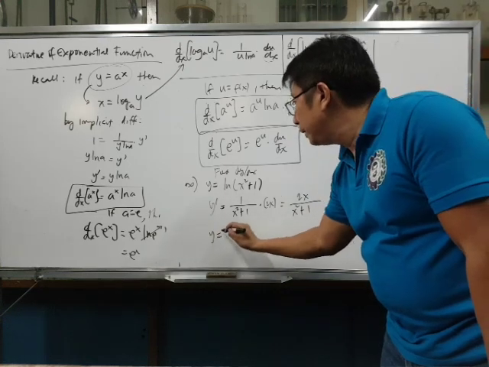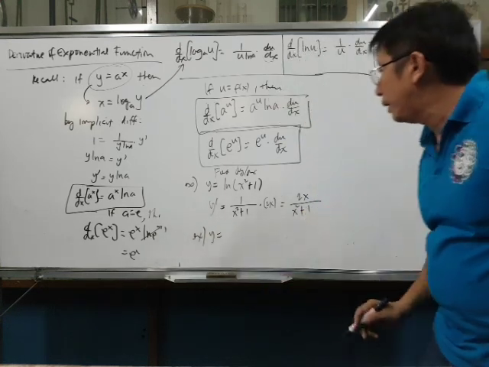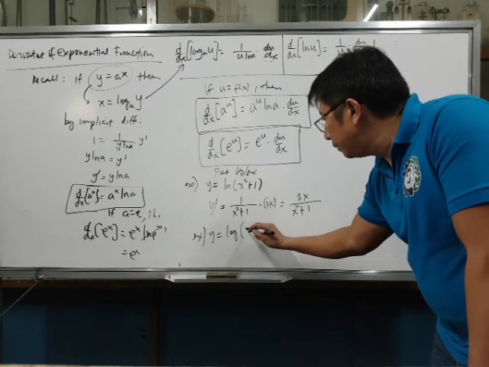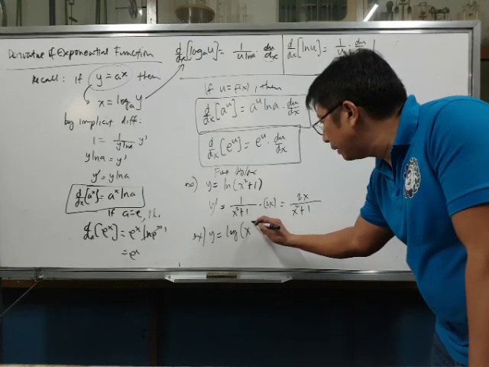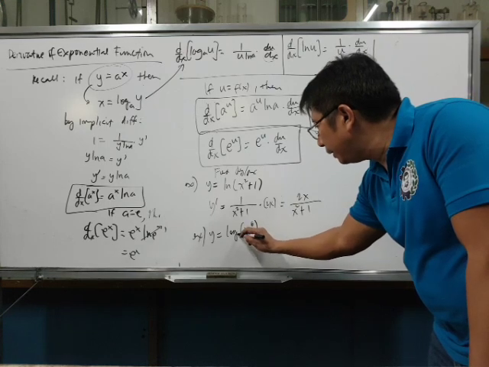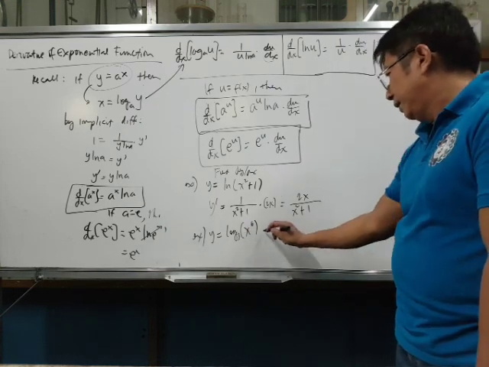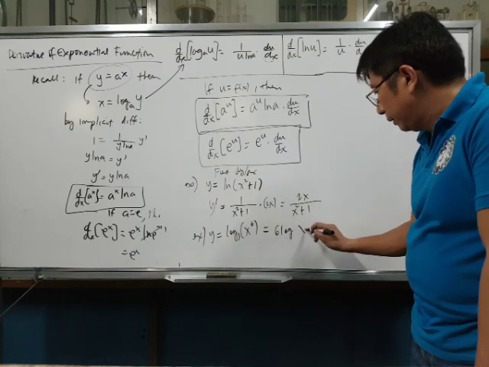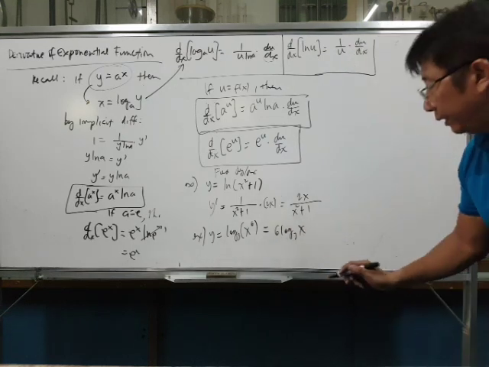Another example, let's say y equals logarithm of x to the 6 power base 3. So you can rewrite this as 6 times the logarithm of x base 3.